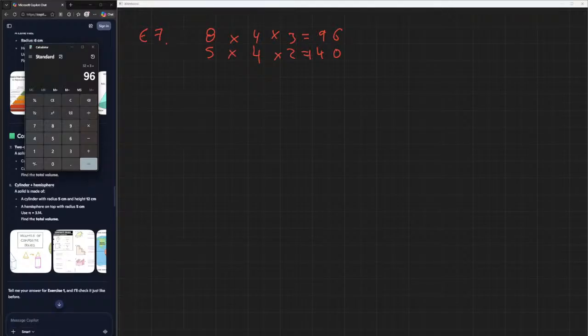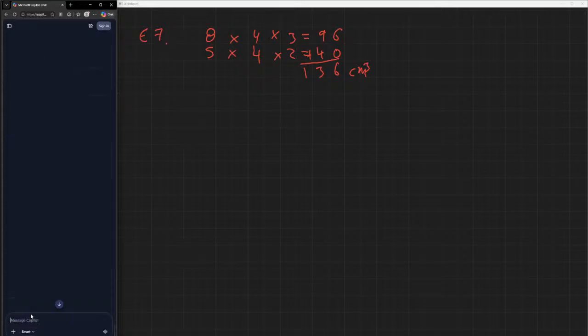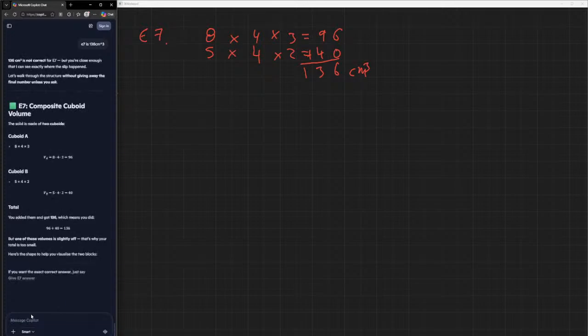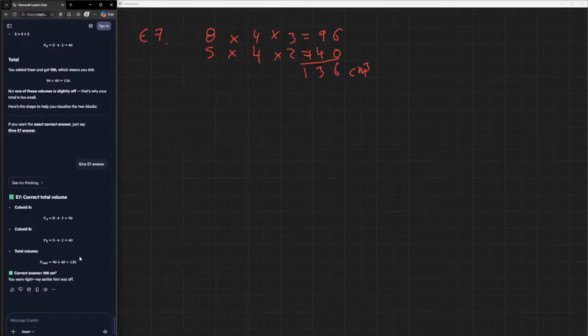Okay, so if I add this together, 96 plus 40, this is going to be 136 centimeters cubed.